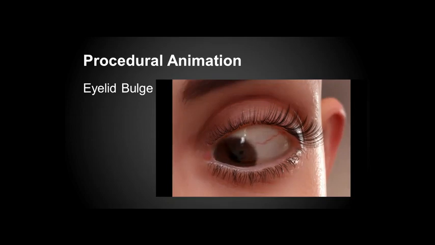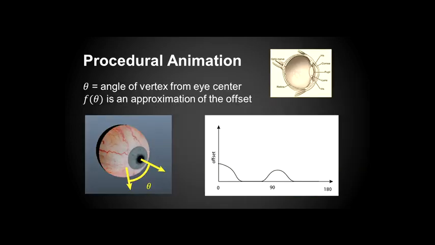So how did we do this procedural animation? Well, basically, this is done in the domain shader, so on each vertex after the subdivision. Each vertex is going to be offset from the center of the eyeball by a certain value, and this value is a function of the angle from the center of the eye.